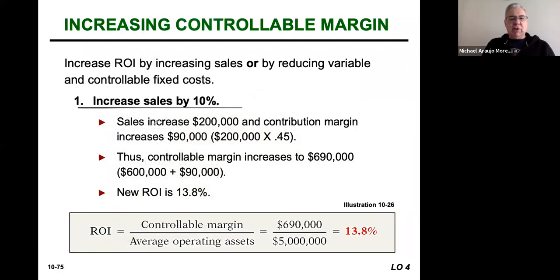That means your sales would be 2.2 million, which means your contribution margin increases by 90 grand, and thus your controllable margin increases by 90 grand. So that means your controllable margin is 690 over the $5 million in assets. And look at that new ROI. It went from 12% to 13.8% based on increasing your sales by 10%.